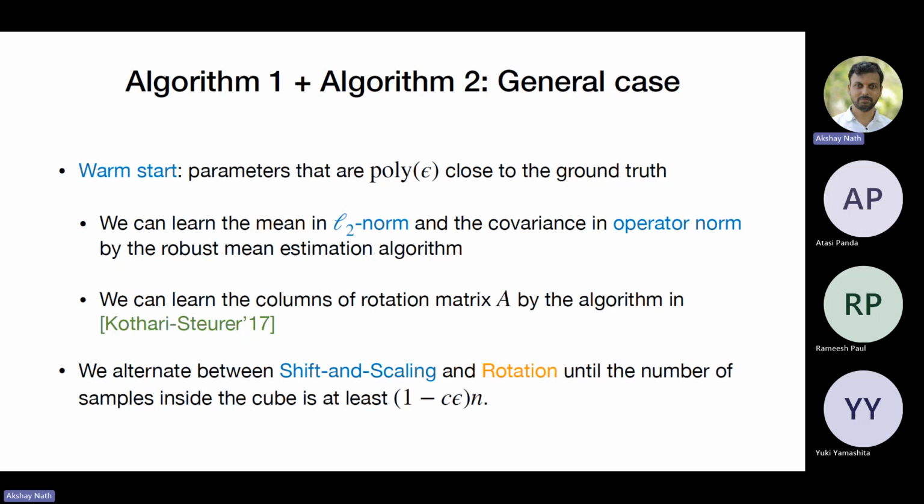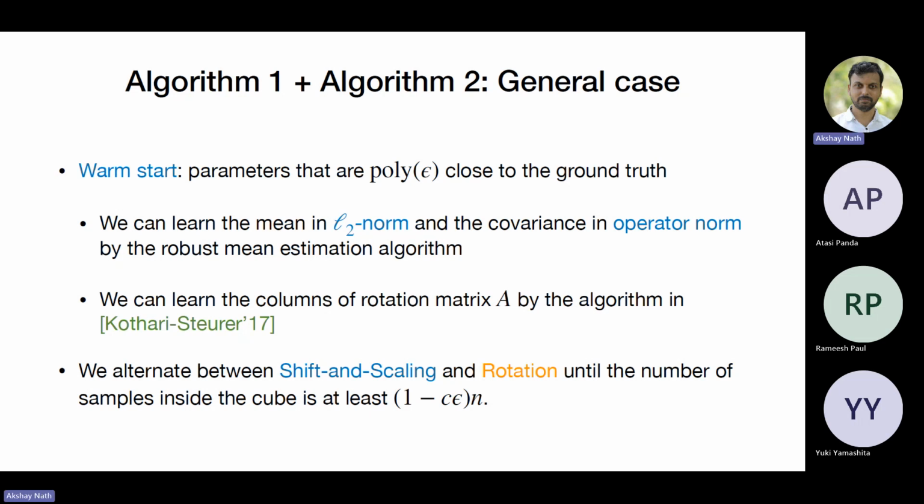We can get estimators that are poly epsilon close to the ground truth by the algorithm that I just mentioned, and learn the mu, the covariance, and A for each row of A. Now using the warm start, we can start our updating algorithms. We alternate between the shift and scaling and the rotation algorithms.